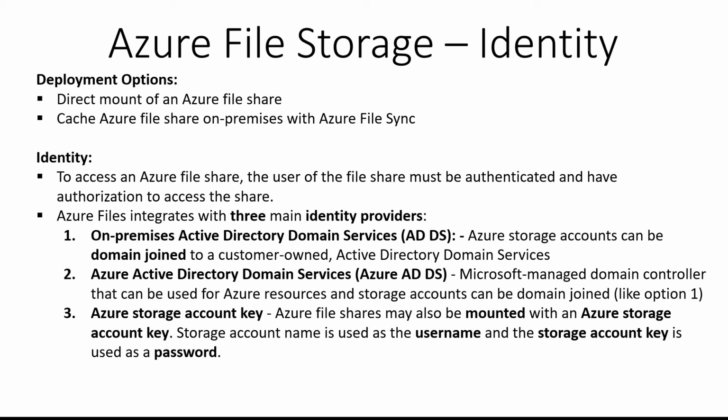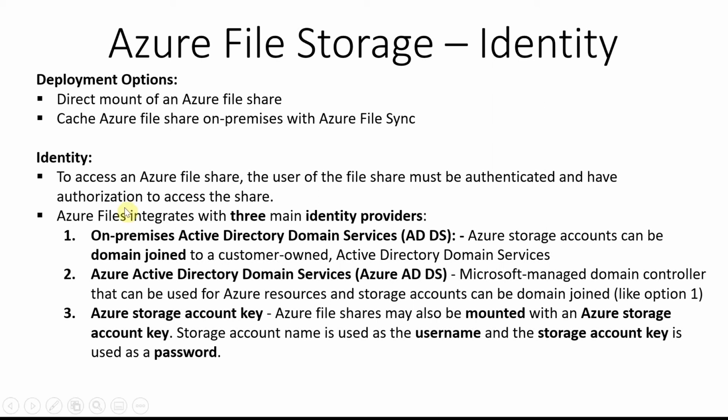Because it is shared, that's where identity plays a major role. Azure provides three identity options for you. When you talk about identity, the answer in the Azure world is Active Directory. Active Directory is a popular Windows product which gives you the equivalent of IAM in AWS.